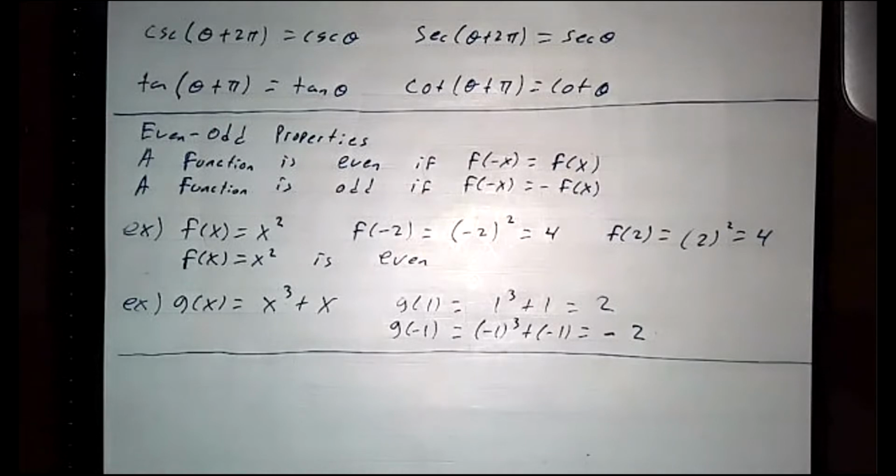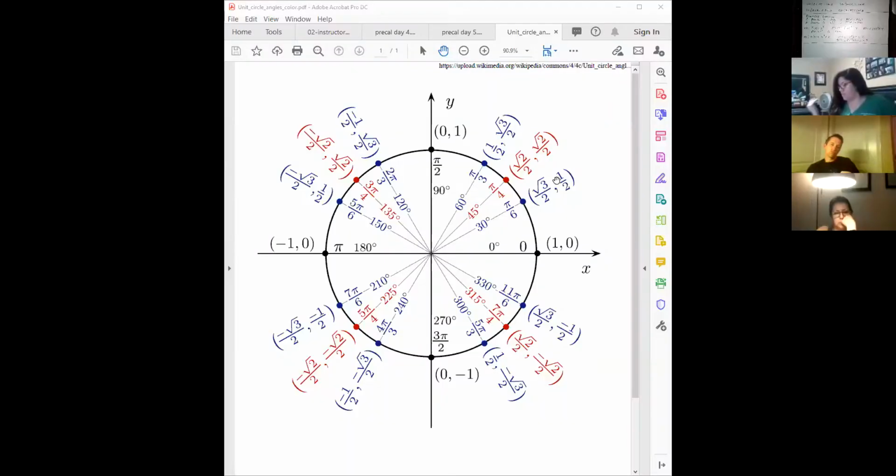But for the sine, it would swap from positive to negative. Let's see, just real quick. Sine of 30 is 1/2. Sine of negative 30 would be negative 1/2. That is the odd definition.